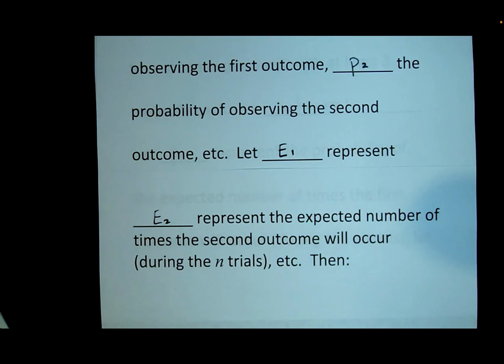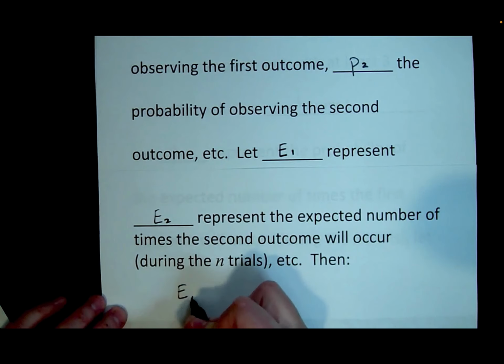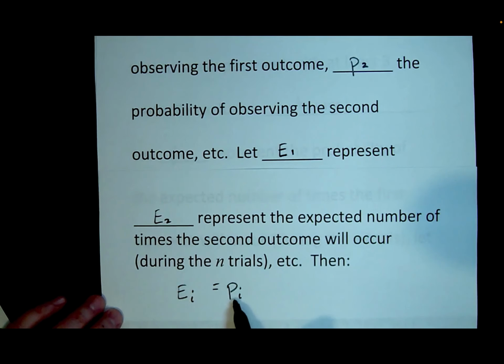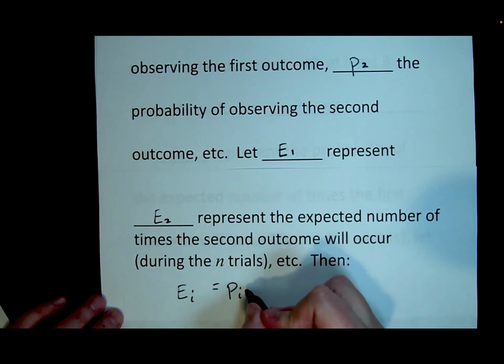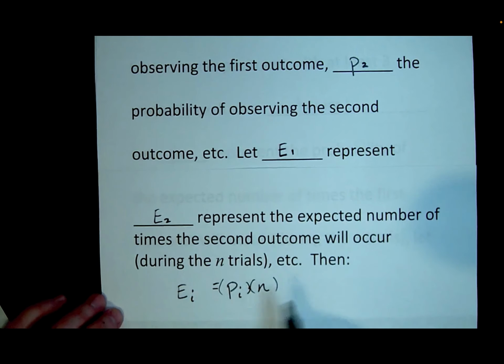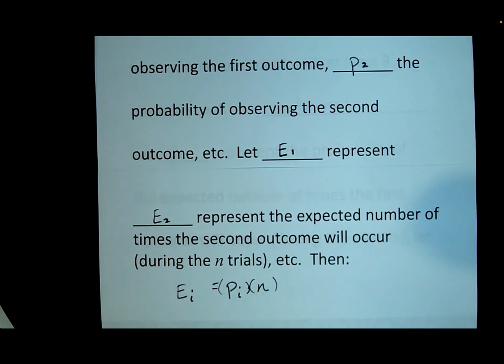So then for any of those, I'm going to be generic by just saying E sub i. So the expected count for the ith category or the ith outcome, how did we do that? Well, we took the probability or proportion of events that fall into that category, and we multiplied it by the number of trials, the number of individual households in this case that were selected.